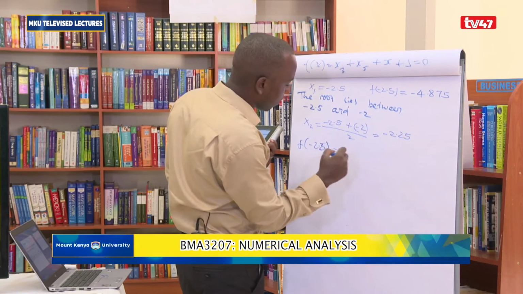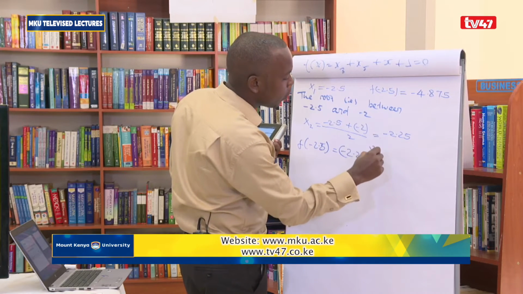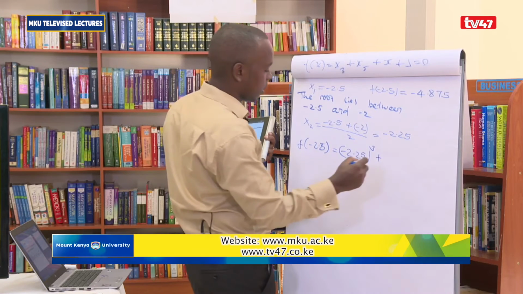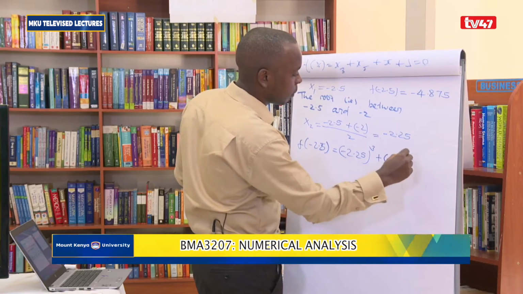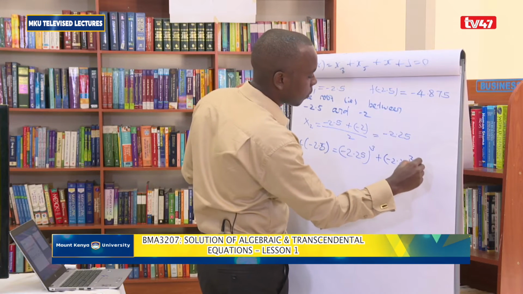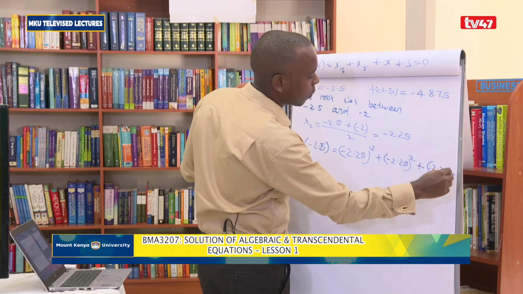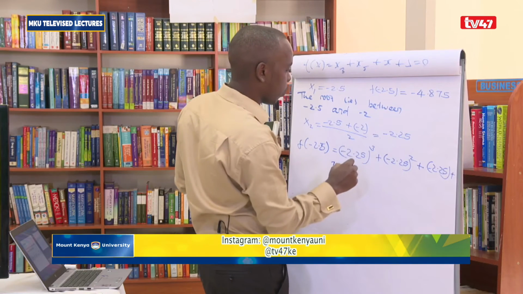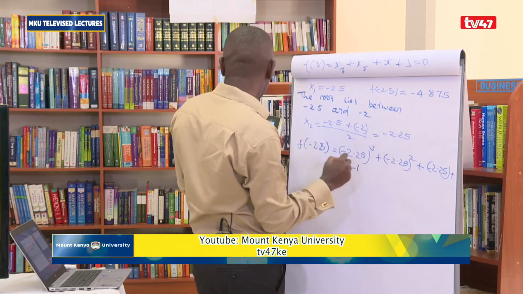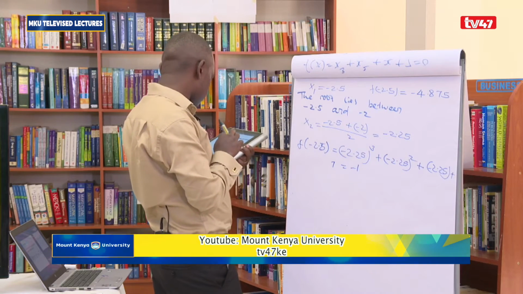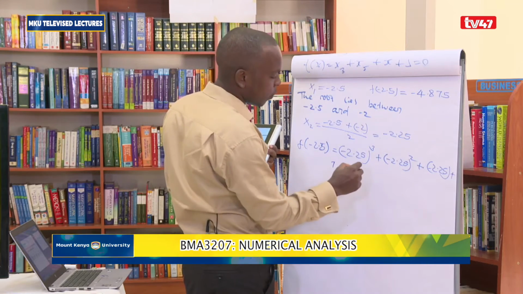This is how we go about it. We plug in negative 2.25 into our equation, and this is what we obtain: negative 1.5781.